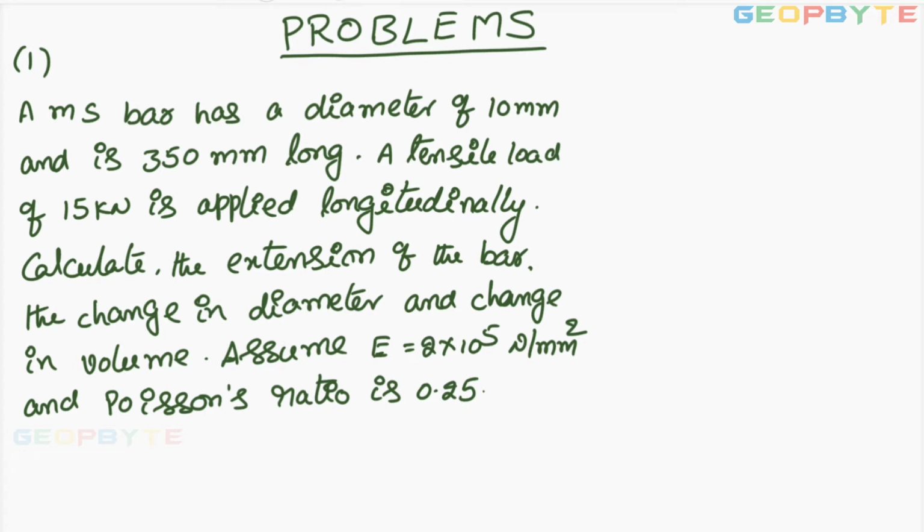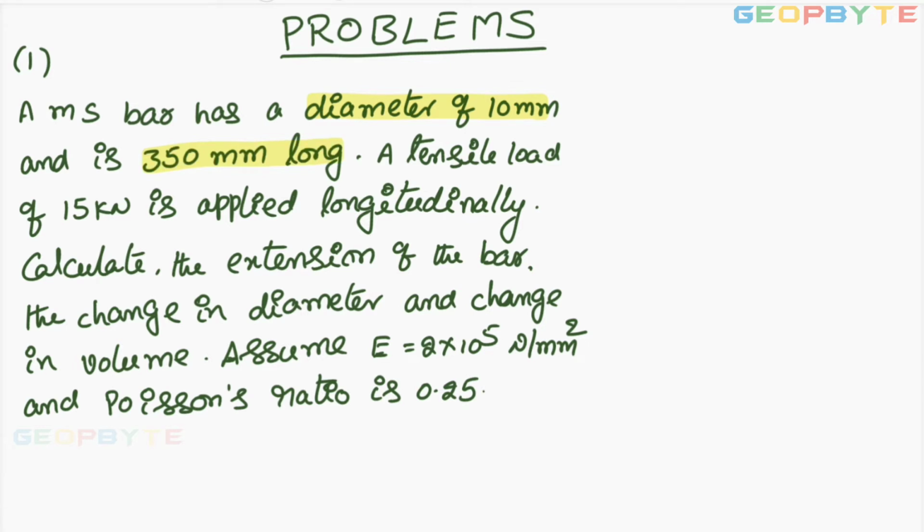In this video, we are going to discuss the important problems for relation between the elastic constants. The very first problem: an MS bar has a diameter of 10 mm and is 350 mm long.